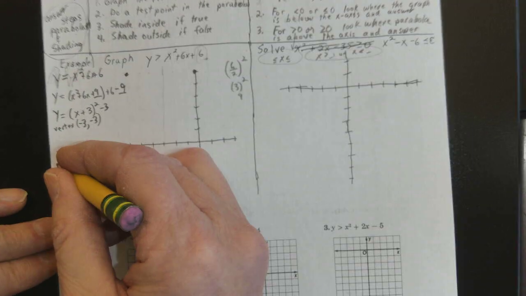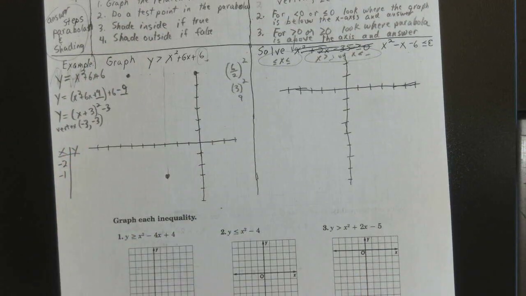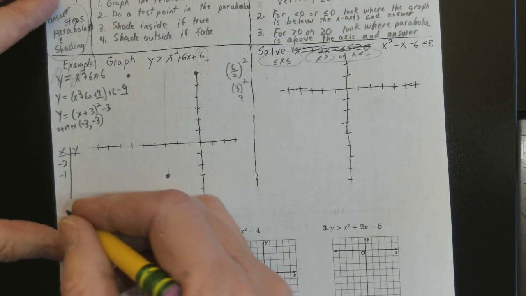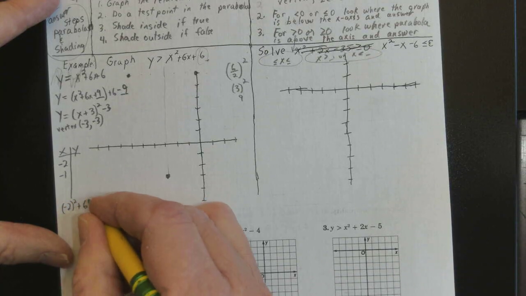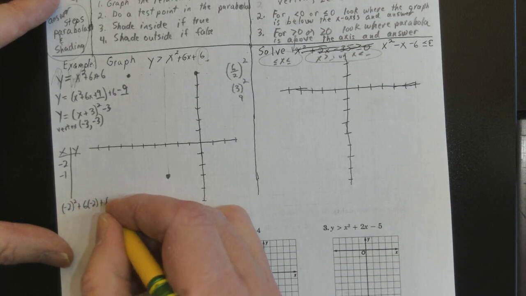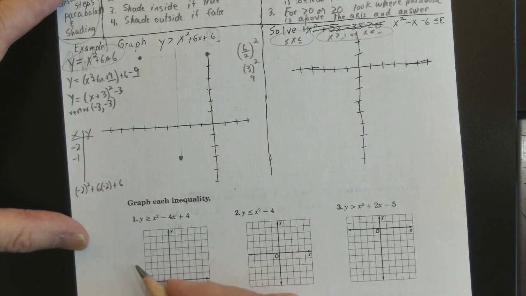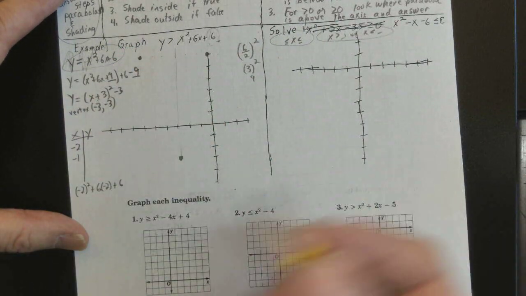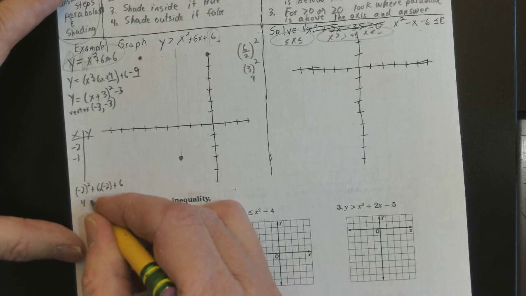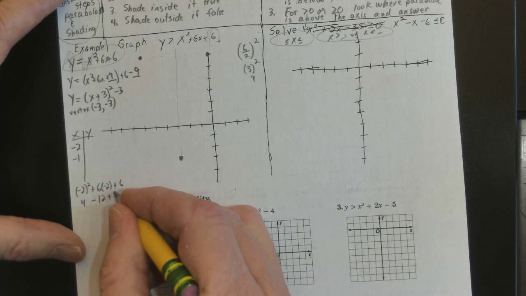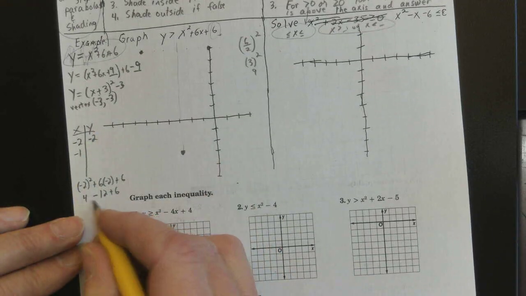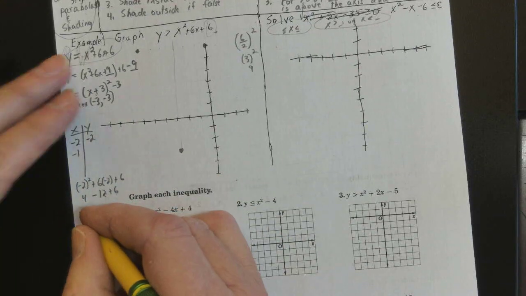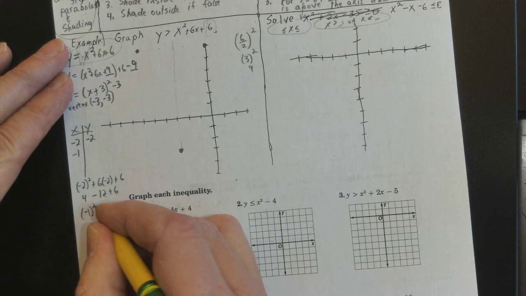All right. I'm going to just figure out what negative 2 and negative 1 are real quick. Negative 2 squared plus 6 times negative 2 plus 6. I'm using the original. That's all right. So 4 minus 12 plus 6. That is negative 2.